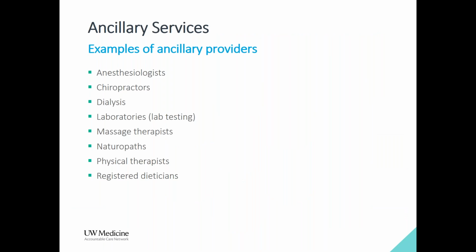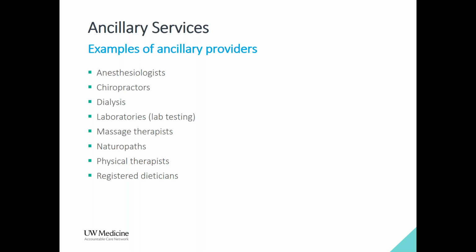I'm going to talk a little bit about ancillary services. These are services that are in support of the medical care that you will be receiving. These include anesthesiologists, chiropractors, if you need dialysis, laboratory testing. We have a number of ancillary services that are included with UW Medicine.